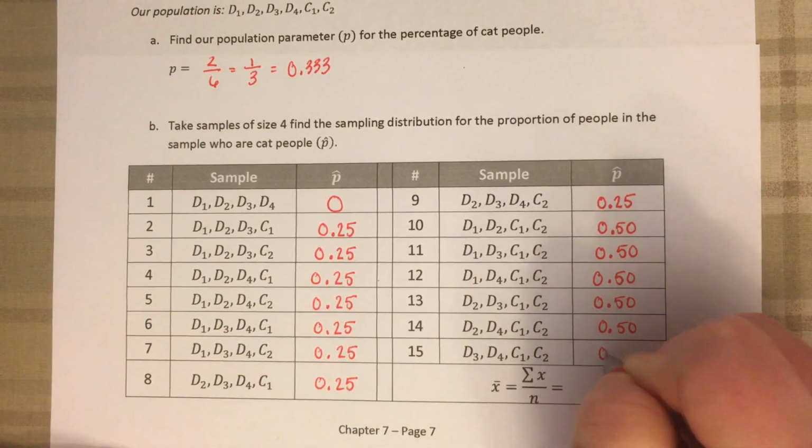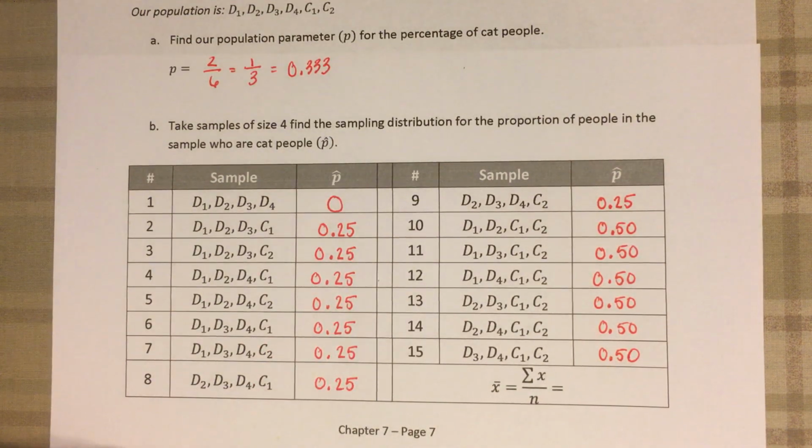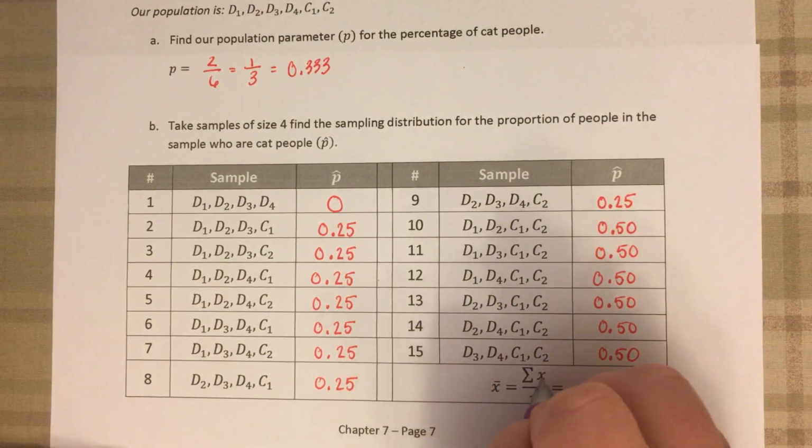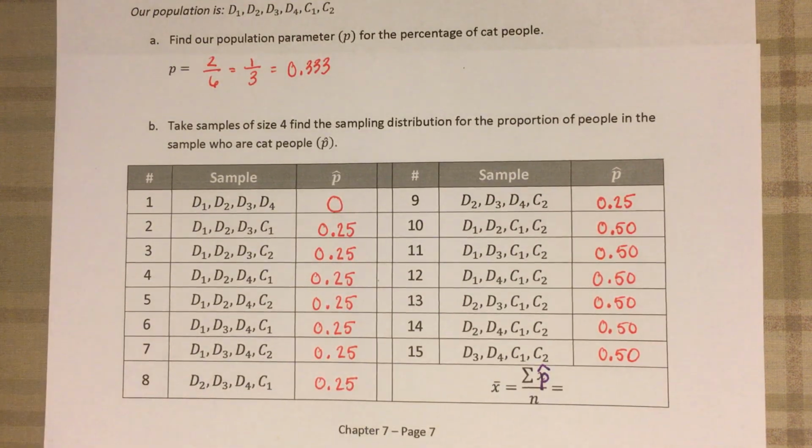Now we want to find our mean. There is one small typo here. Instead of being a sigma x, we should have a sigma p hat. To find our mean, just like anytime we want to find our mean, going back to chapter 3, we add up all of our different values.